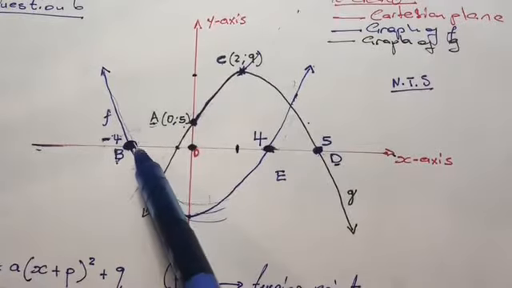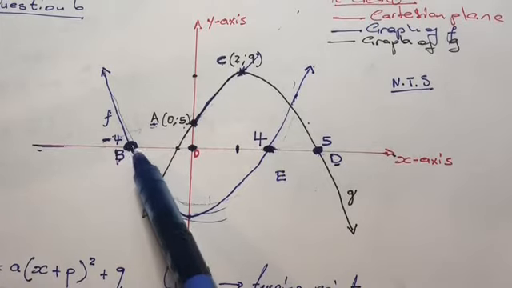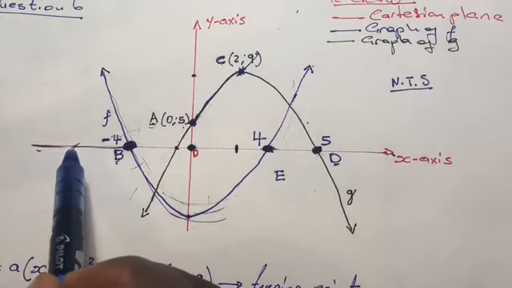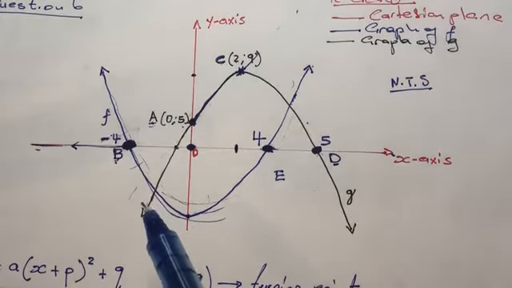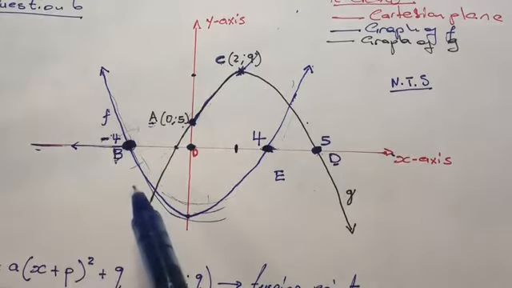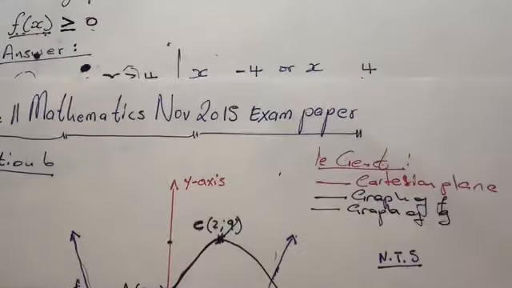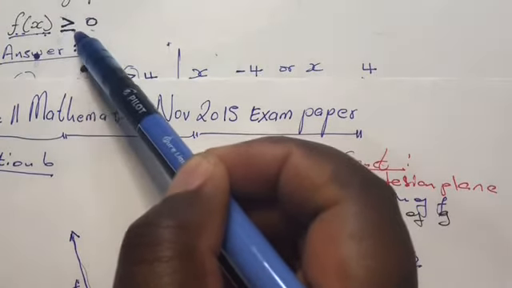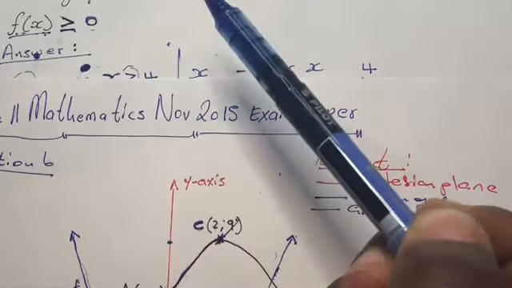Now coming to the signs, let's see. At -4 going in that direction, when we punch the values from -4 going in that direction, do we get the answers which are greater or equals to 0?